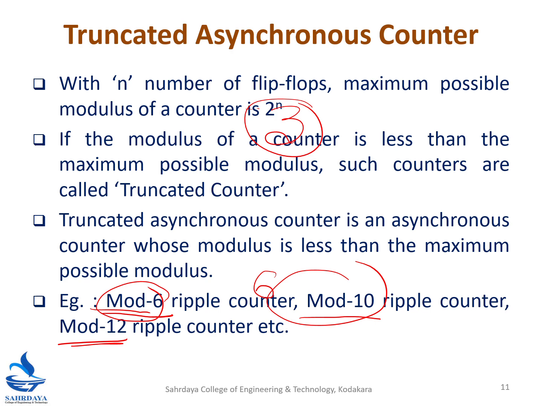But here the number of states is limited to 10. That is why the counter is called a mode 10 counter. So the mode 10 counter can count from 0 to 9.